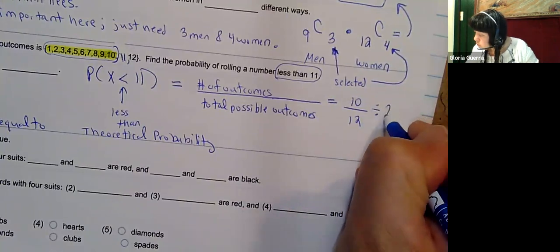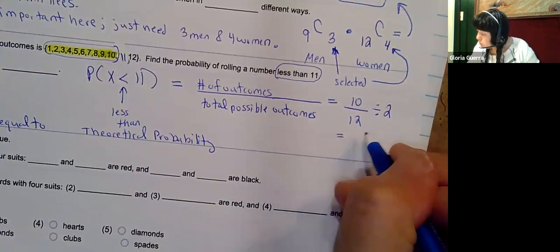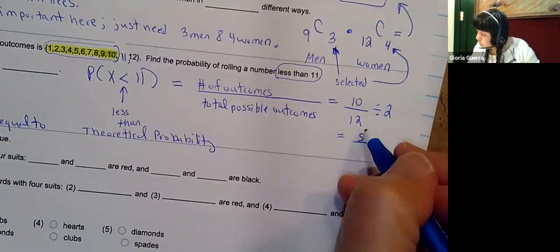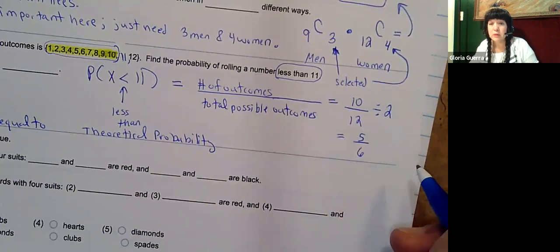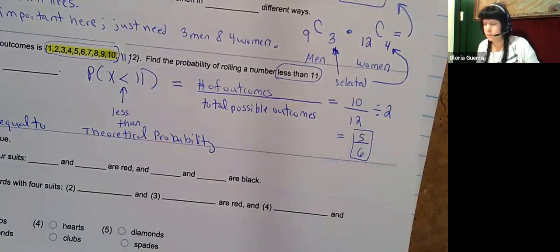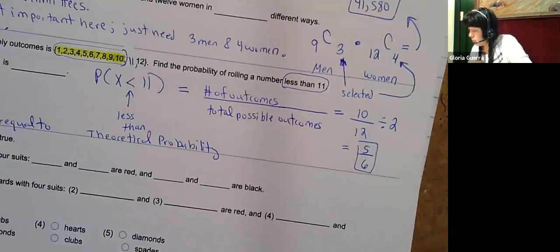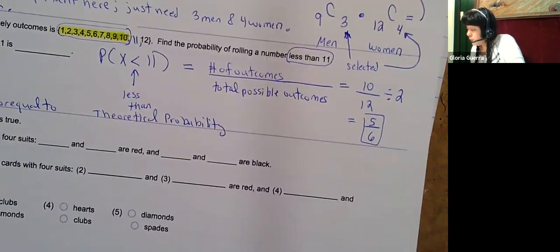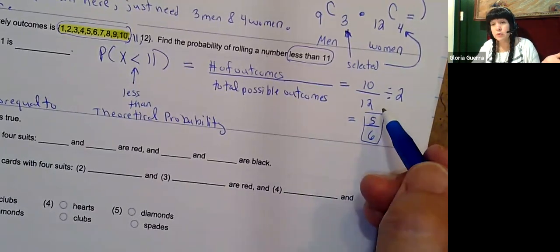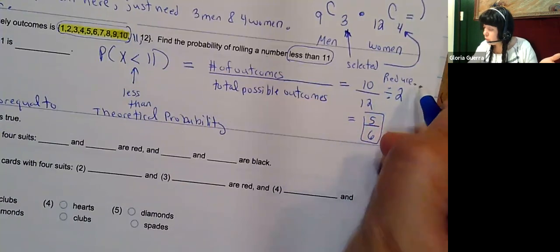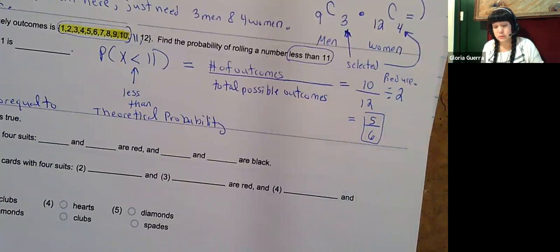So I'm going to reduce by 2. 2 goes into 10 5 times, and 2 goes into 12 6 times. So that's 5/6. These are even numbers, so you want to reduce. 2 goes into both of them, and you get 5/6.